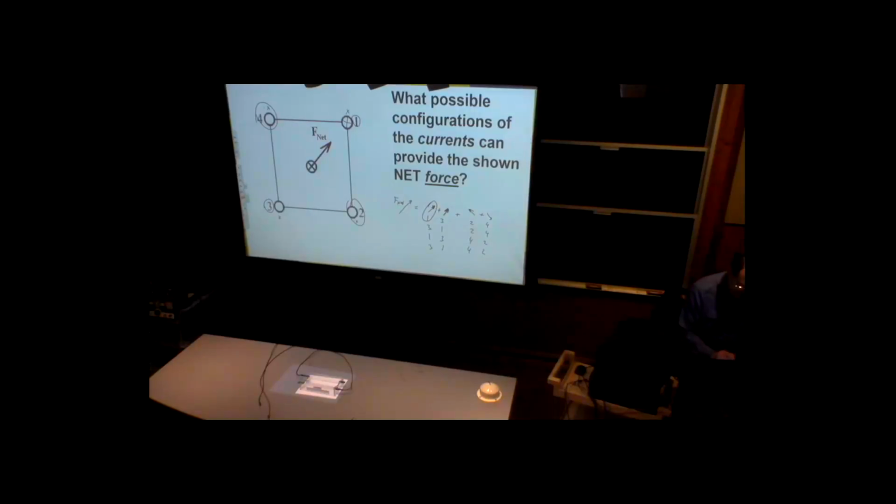So it should have a current opposite to that. Now, wires 2 and 4 should have forces either attracting or repelling simultaneously. So it should be in and in, or out and out. And that's it. So this is an exercise in what? Fingers and vectors, adding vectors.